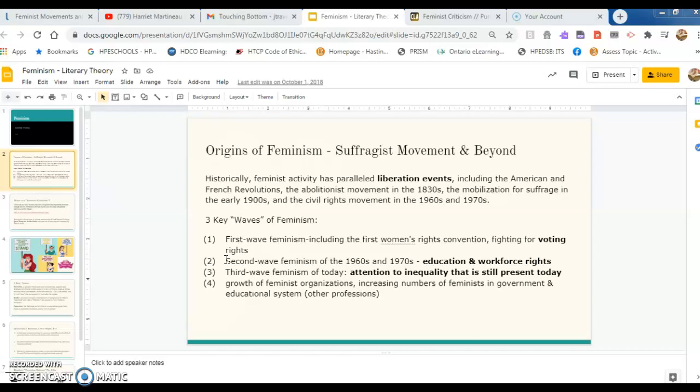In 1945 was the end of World War II, and women in particular had been in the factories and in the workforce as the men were off to war. When the men came back, they went back into the household and they became responsible for the household and all of the chores that they had always assumed.